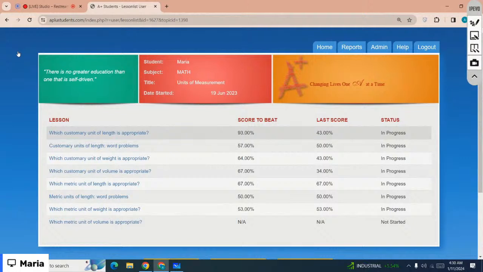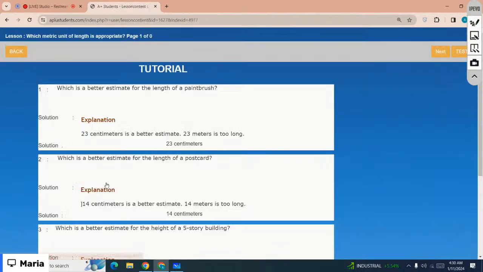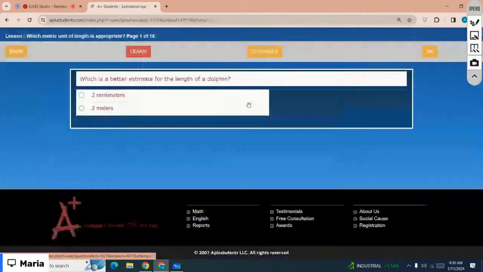Which metric unit of length is appropriate? Let's just start with the metric units now. Let's just start with the test questions. Which is a better estimate for the length of a dolphin? 2 centimeters or 2 meters?